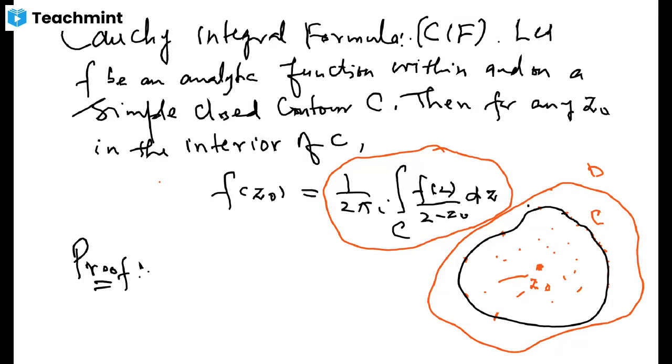This is a very powerful formula in complex analysis. It will be used at many places, and you will see it has far-reaching consequences in establishing several important properties of analytic functions. But let us do its proof first.